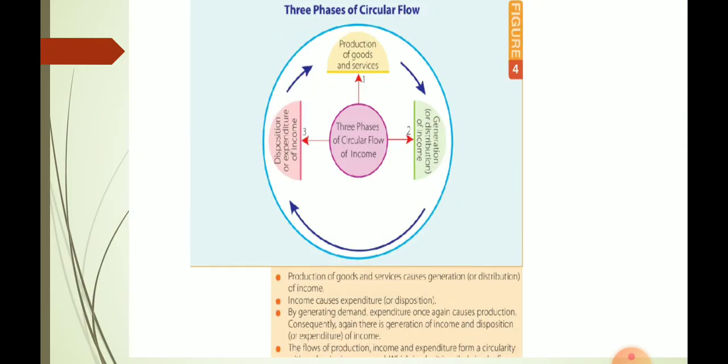Now, its proper explanation with the help of the diagram. Here we can see in the production phase there is production of goods and services. Suppose 100 crore worth of goods and services are produced in the economy.